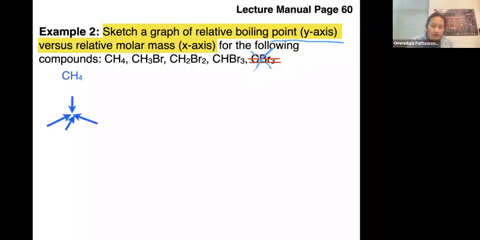In this case, if you're looking at the structure, because this has four electron domains, if you put carbon in the middle, all of these would be hydrogen. So this is tetrahedral.